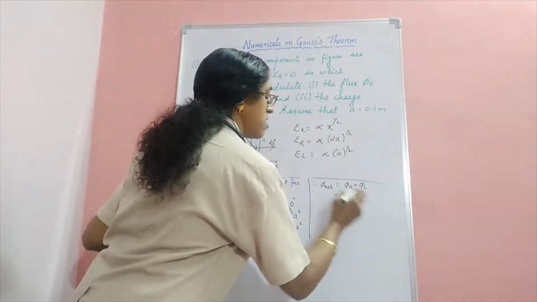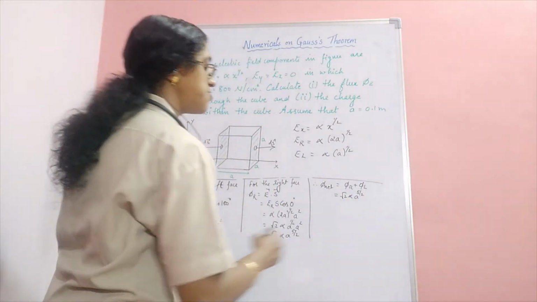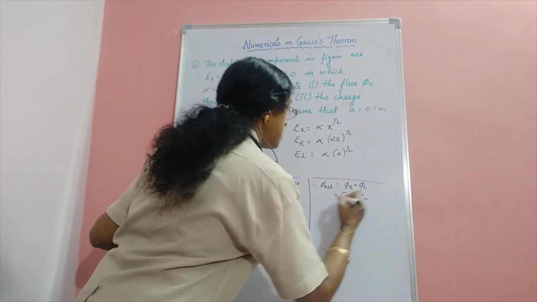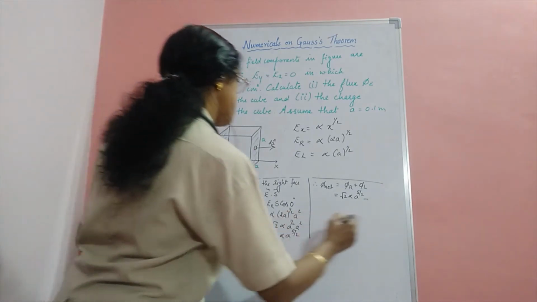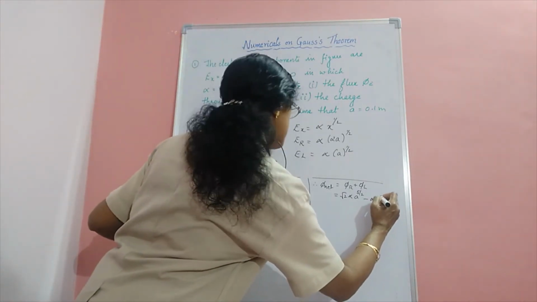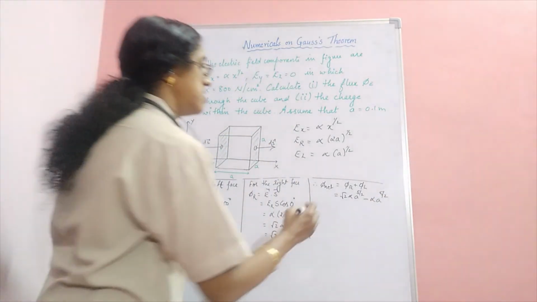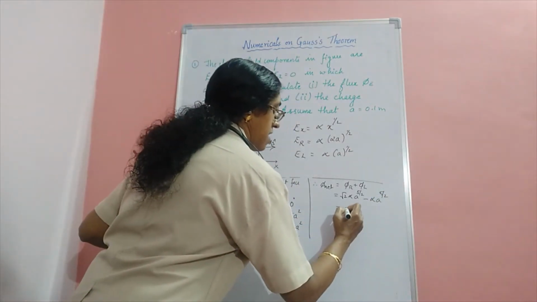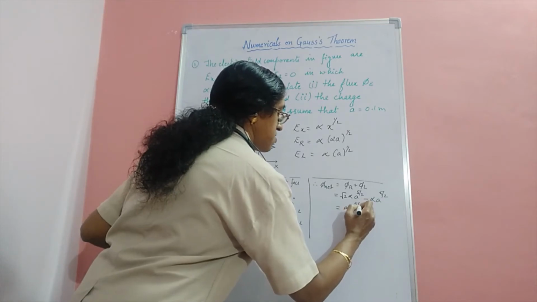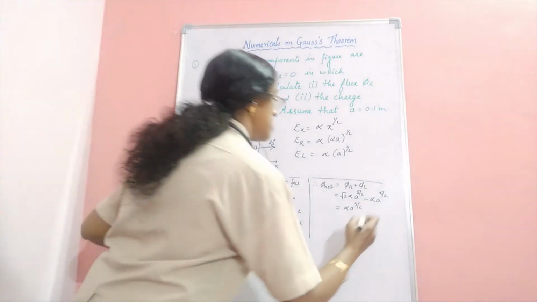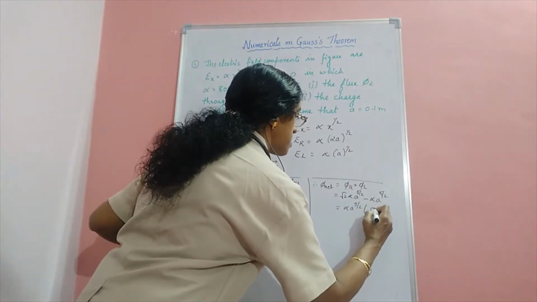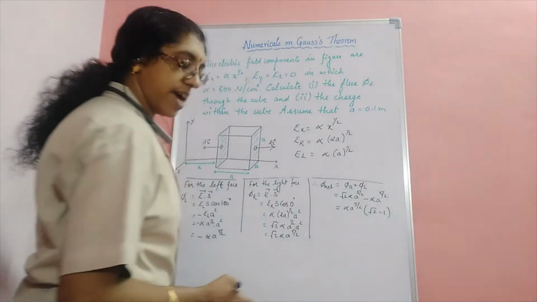So, root 2 alpha A to the power of 5 by 2 minus alpha A to the power of 5 by 2. Now, alpha A to the power of 5 by 2 can be taken out common. Then you are left with root 2 minus 1.